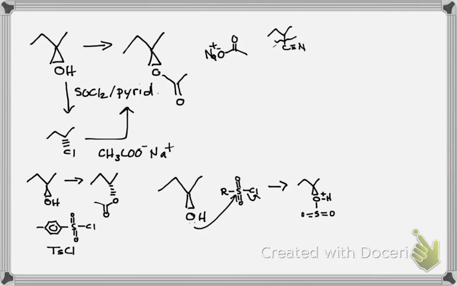However you want to draw the rest of that, but I'll just draw it like that because it looks prettier to me. Okay? And then what happens? It leaves. It's close. You need a base. Pyridine could be the base.